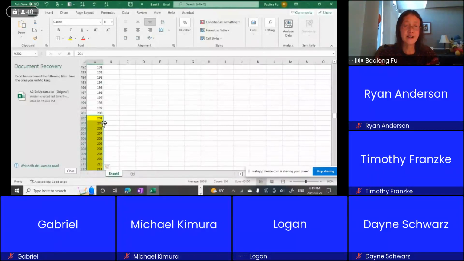Okay, so the data with yellow background equal to all the column A minus, actually, from total cost from 201 here. So minus.